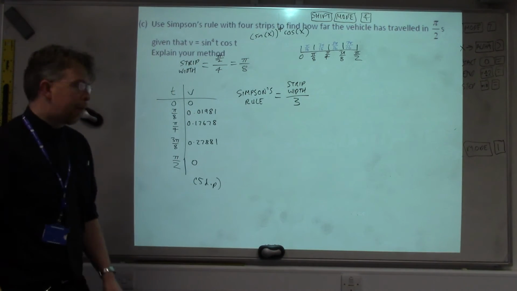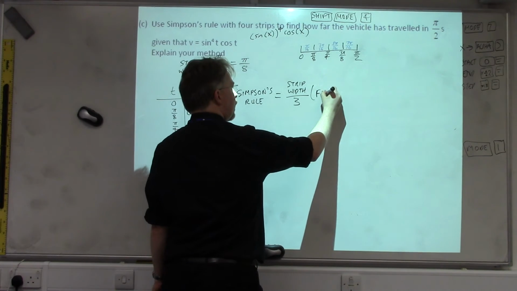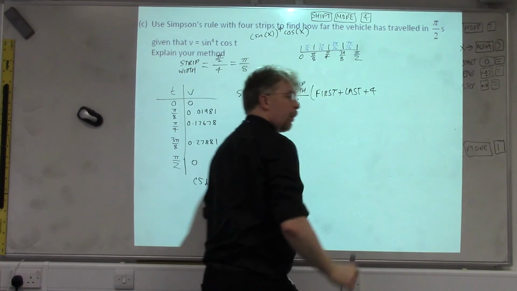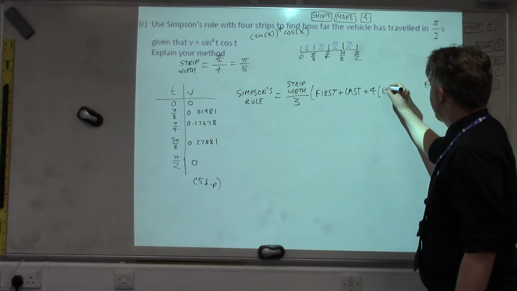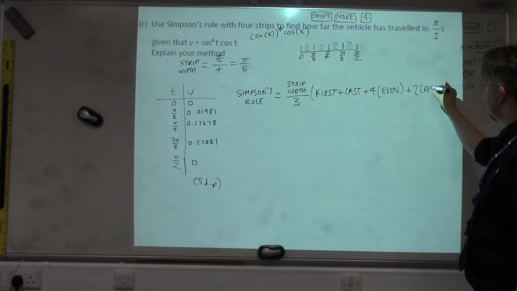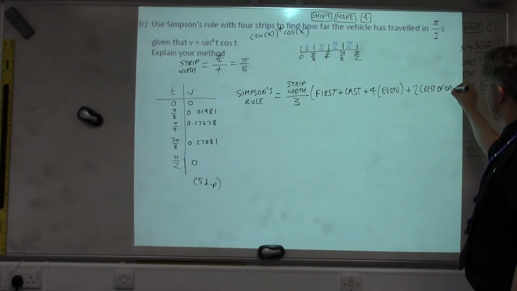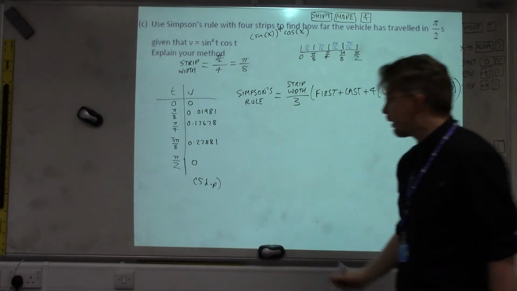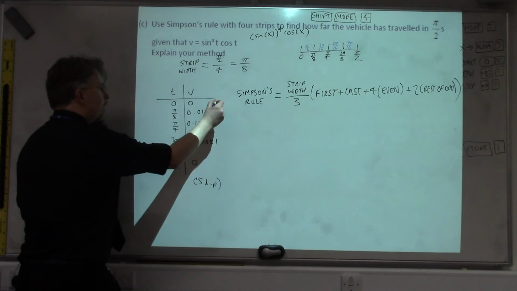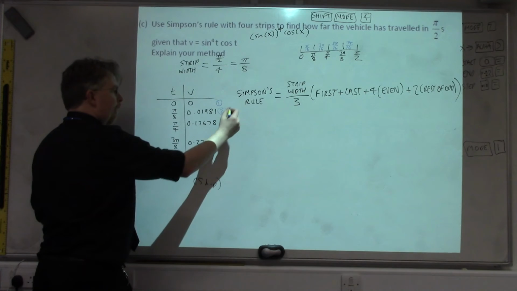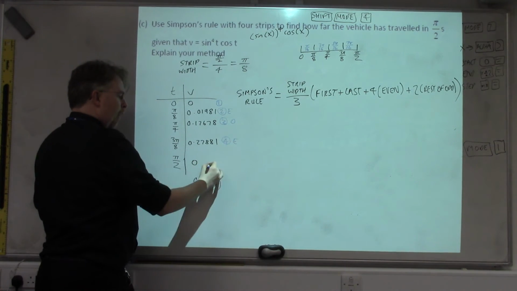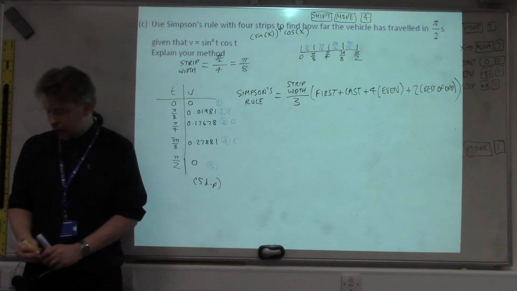So strip width divided by 3, open bracket, first plus last, plus 4 times, open bracket, the sum of the even, plus 2 times the rest of the odd, close bracket. Even and odd is about position, so the first position, second, which is even, third, which is odd, fourth, which is even, and fifth, which is last.